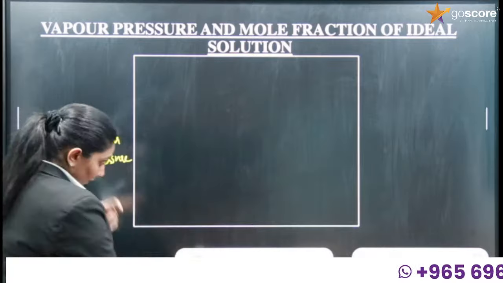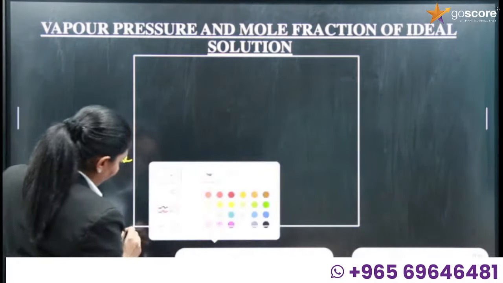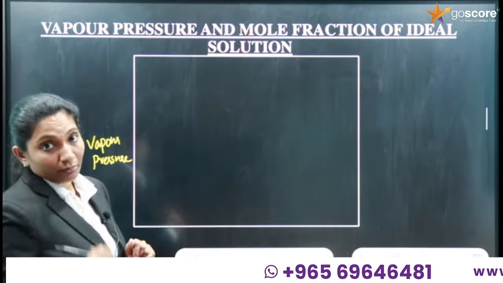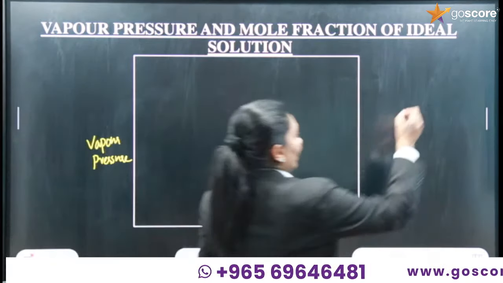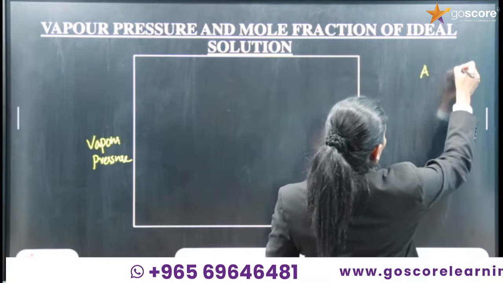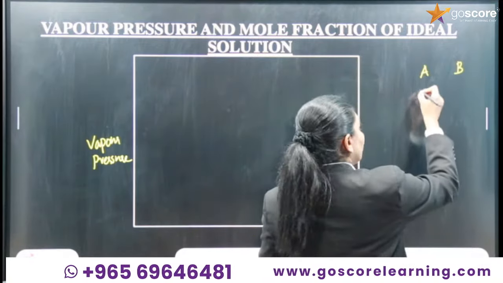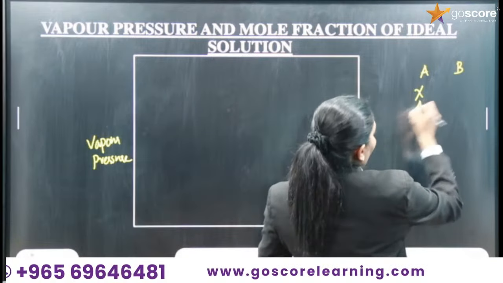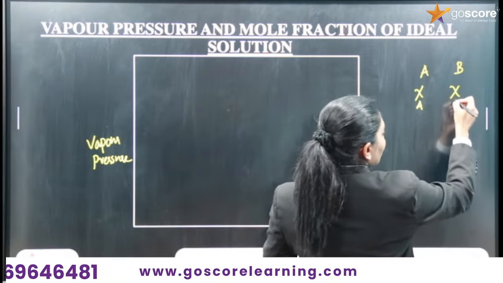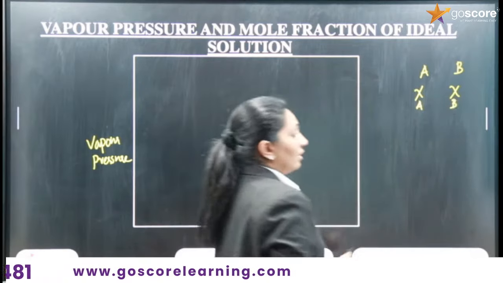Here we have two components, right? We have component A and component B. The mole fraction of A is chi A and the mole fraction of the second component is chi B.